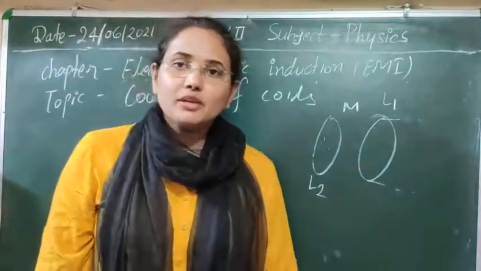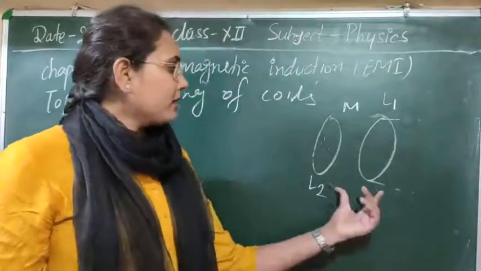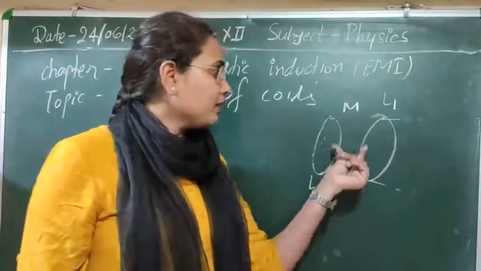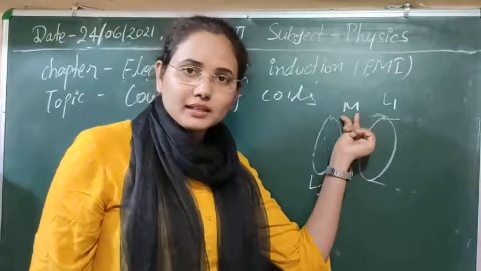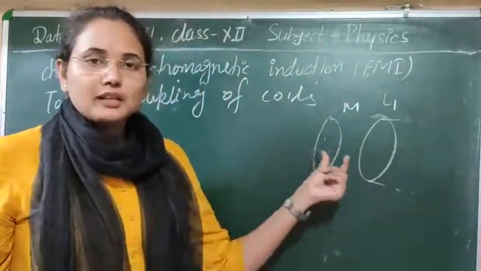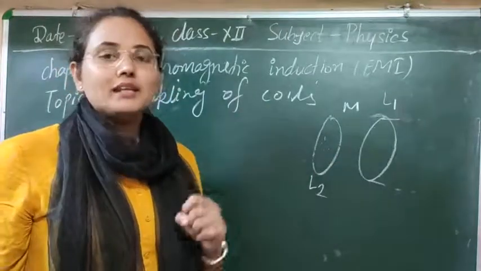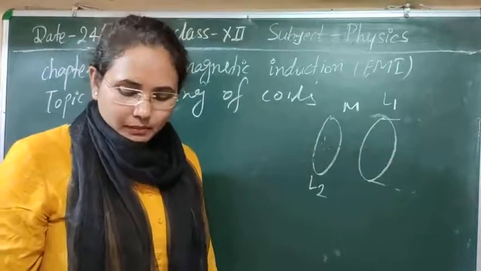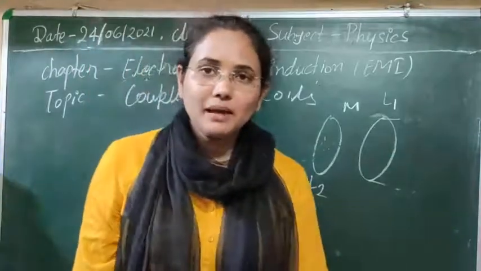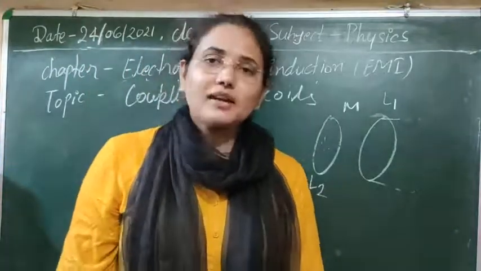As we are free to choose any coil, both coils will have the self inductance property, and obviously these two coils will also be related by mutual inductance. As we are coupling these two, just joining them, how are they coupled? They are joined by a factor that is called the coefficient of coupling.